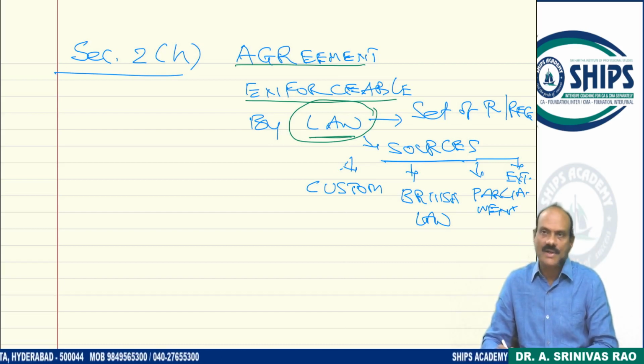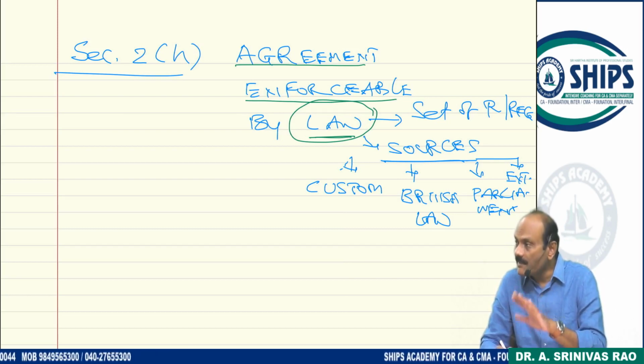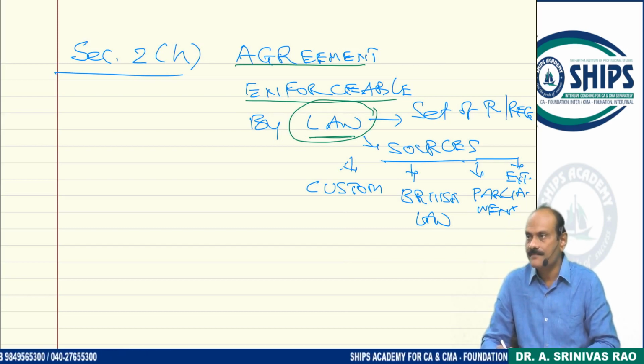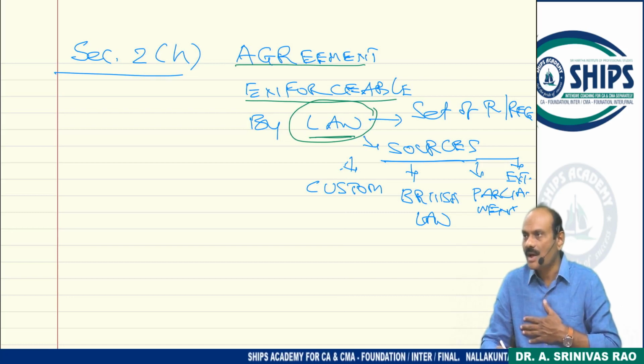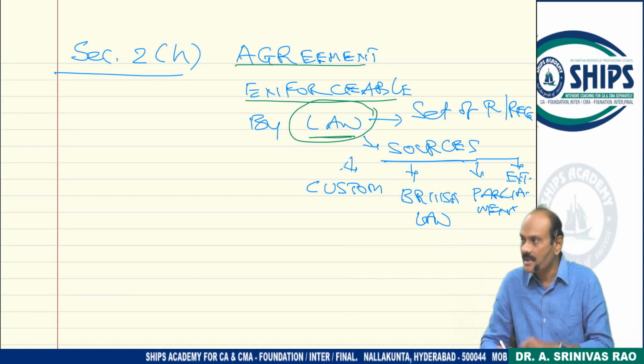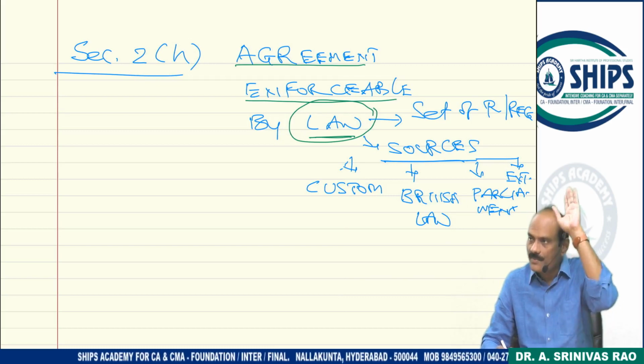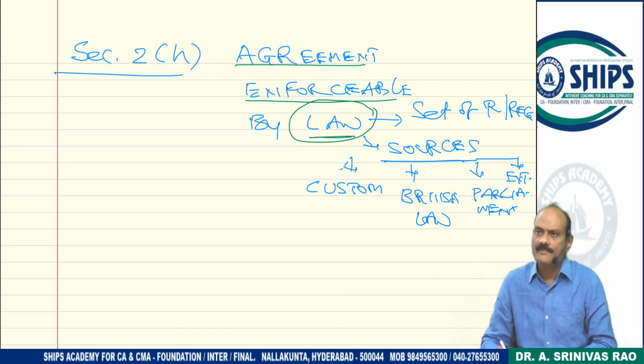Second one is British law. They ruled us for more than 200 years and implemented all their laws in India. So today we are following their laws also. Of course, a bill has now been presented in the House. IPC, Indian Penal Code 1860, Civil Procedure Code, Criminal Procedure Code were all previous British laws.